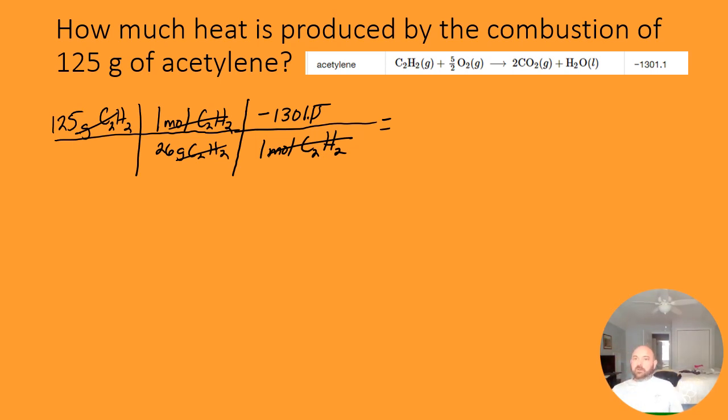So if I pull the calculator up, I will type in 125 times negative 1301.1, and that's negative 162,637.5, but I'm going to divide that by 26 grams.